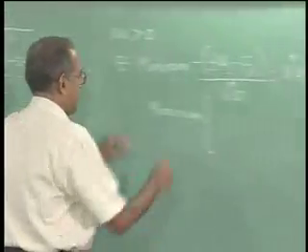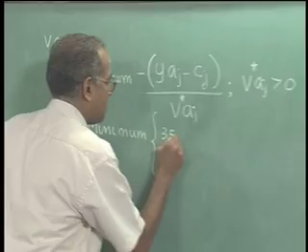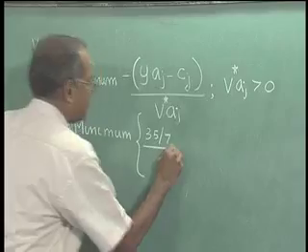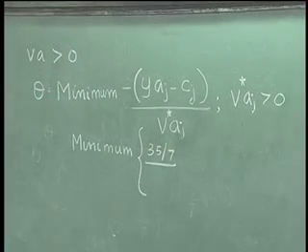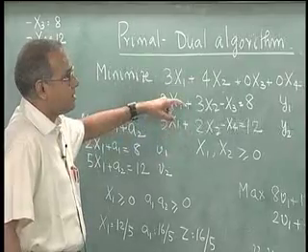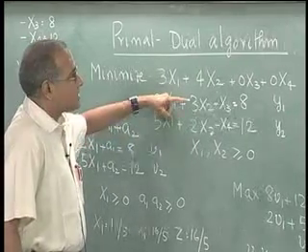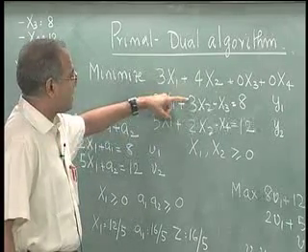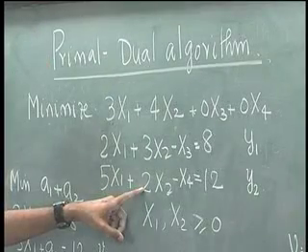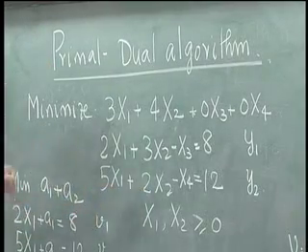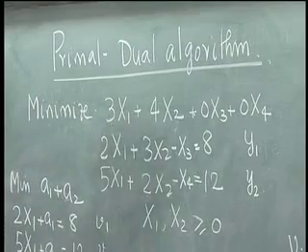So 35 by 7 divided by y a j minus c j, y 1 is 3 by 7, 3 by 7. So 3 by 7 into 2 is 6 by 7, sorry 9 by 7 plus 6 by 7 is 15 by 7. So 4 minus 15 by 7 is 13 by 7.